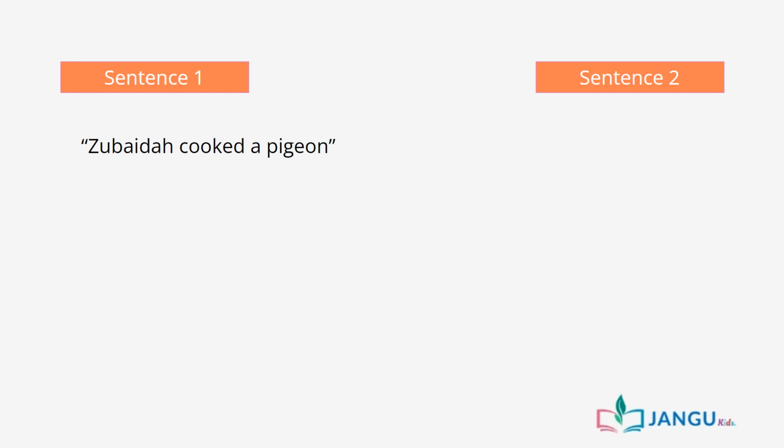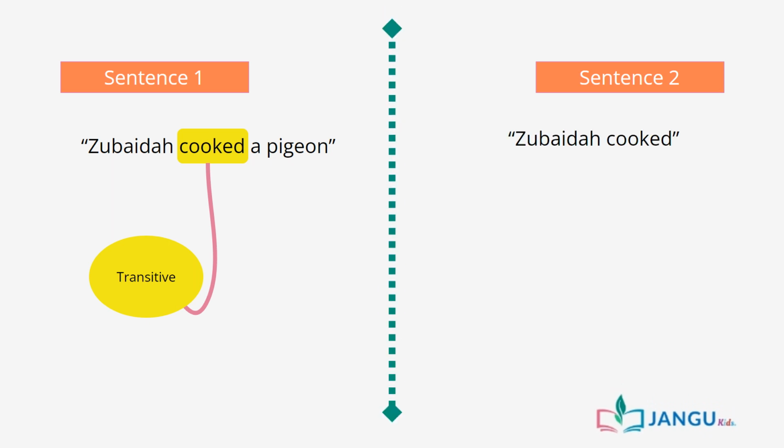For example, in this first sentence, Zubeida cooked a pigeon. Cooked is a transitive verb because it has an object, pigeon. While in this second sentence, Zubeida cooked. The word cooked is now an intransitive verb because it has no object. That is, what she cooked is omitted.